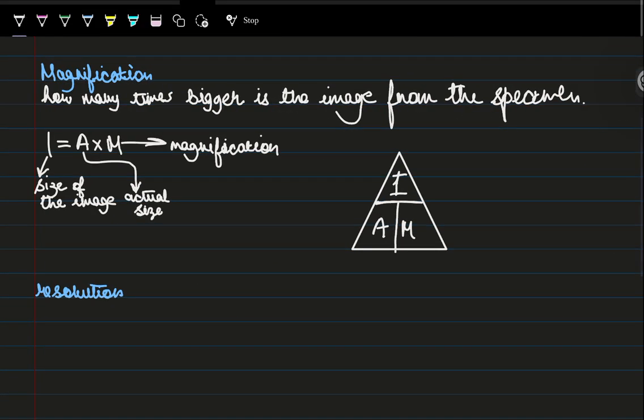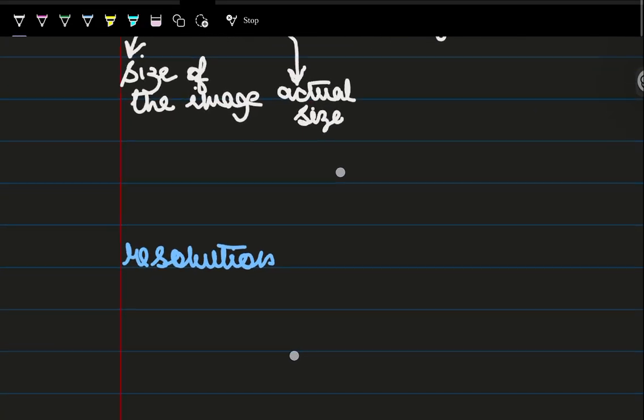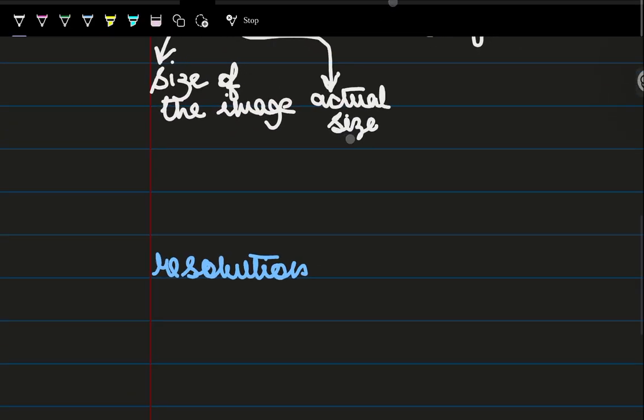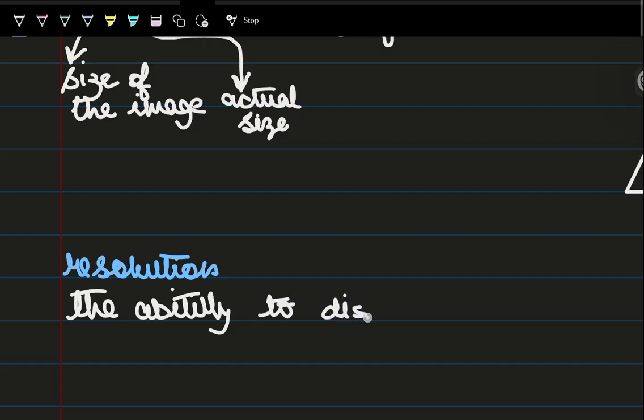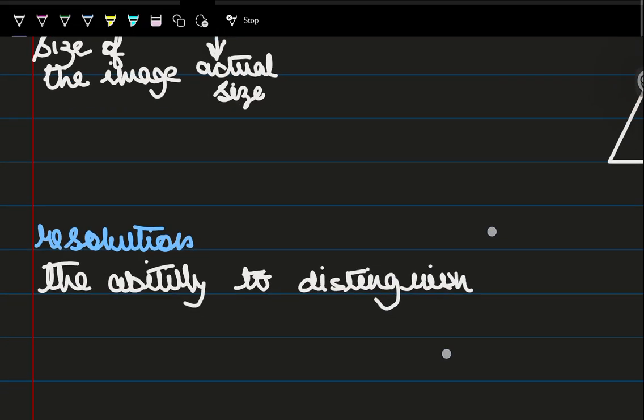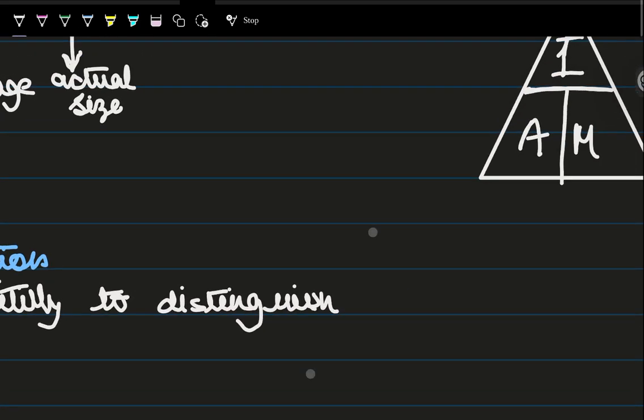Yes. So resolution is basically the ability to distinguish between two separate points, not any same points.